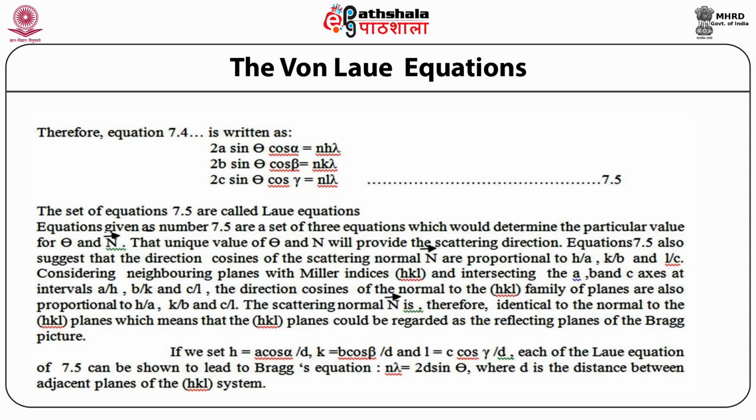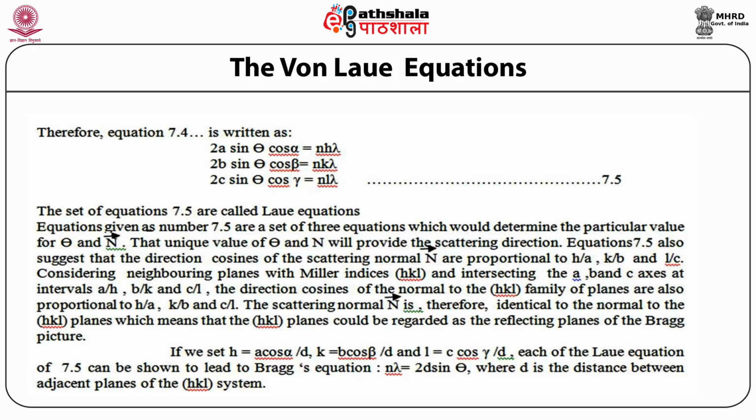Therefore, equation 7.4 is written as 2A sin theta cos alpha equal to NH lambda, 2B sin theta cos beta equal to NK lambda, 2C sin theta cos gamma equal to NL lambda. We shall call all three equations 7.5. The set of equations 7.5 are called Laue equations.